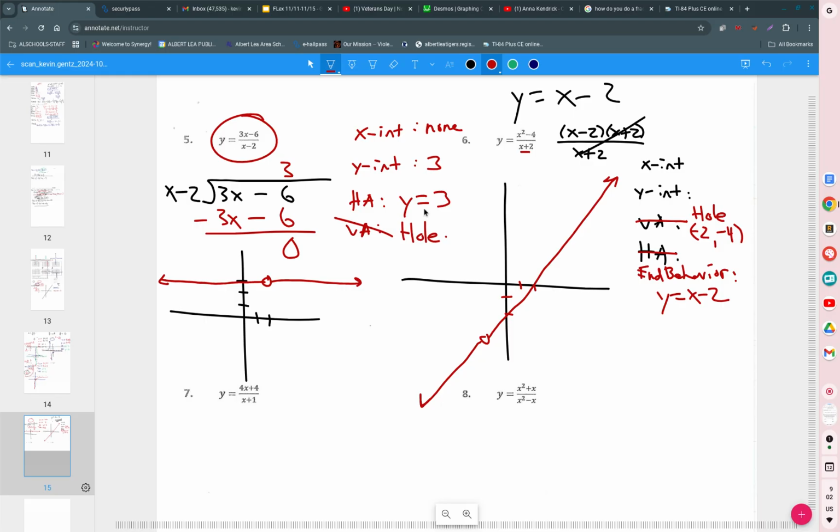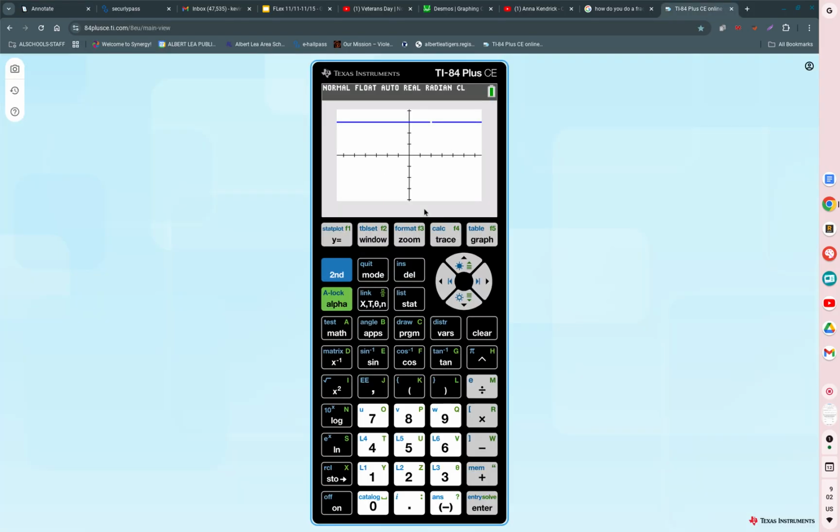As you look at the graph, does it cross the x-axis? It does, right here at positive 2. And it does cross the y-axis at negative 2. I'm going to take this and plug it into my calculator. If you want to do it as well, you can. Parentheses x squared minus 4 divided by x plus 2.